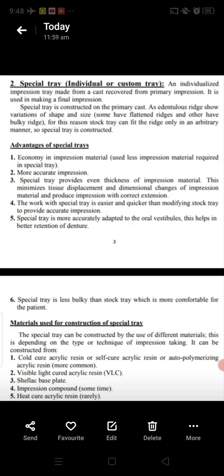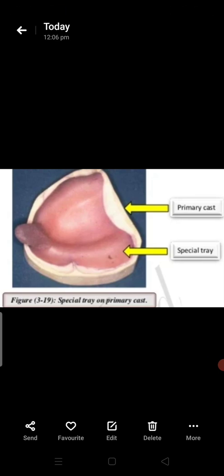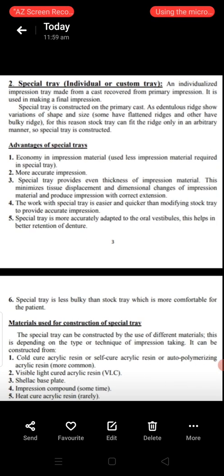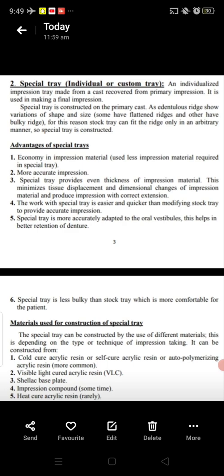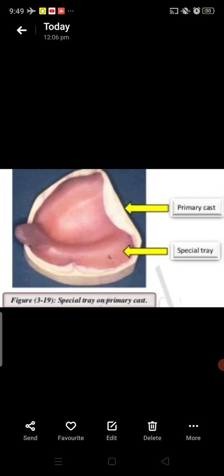Mostly in our dental lab, we make special trays from cold cure or self-cure acrylic resin. This is the self-cure acrylic resin, which is red in color. Second, visible light cure acrylic resin, same red in color, like this.